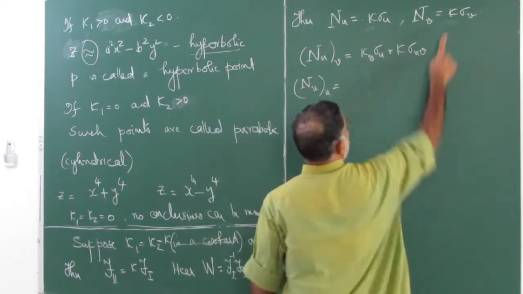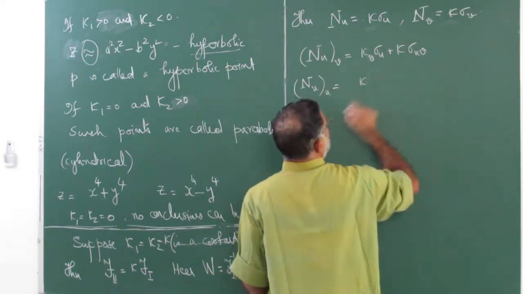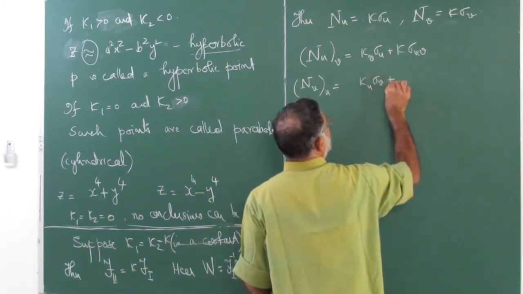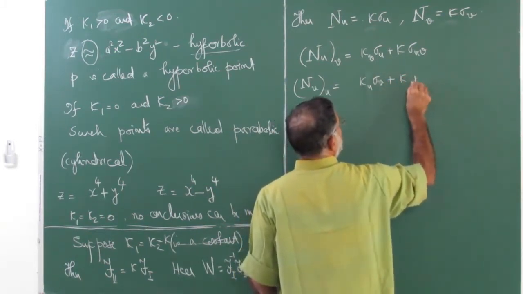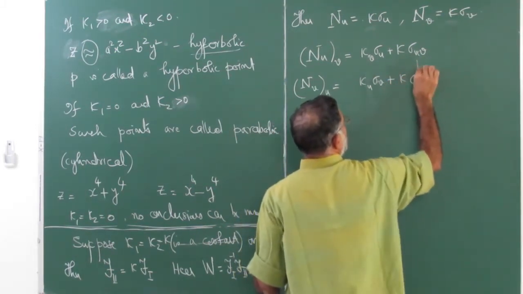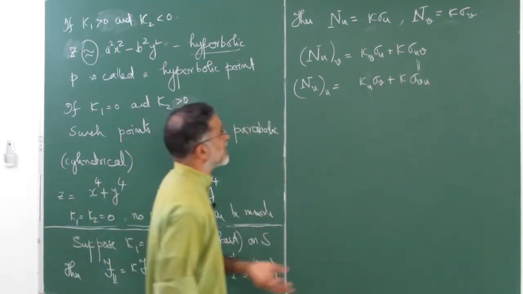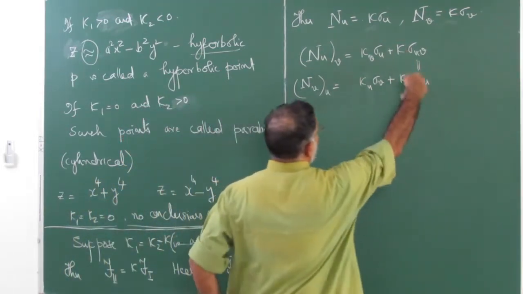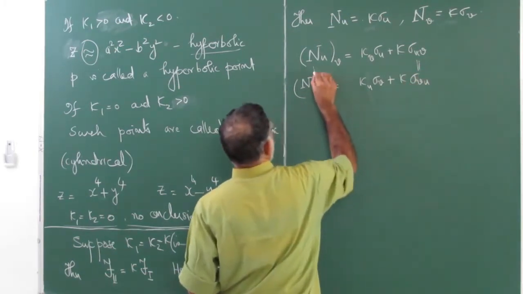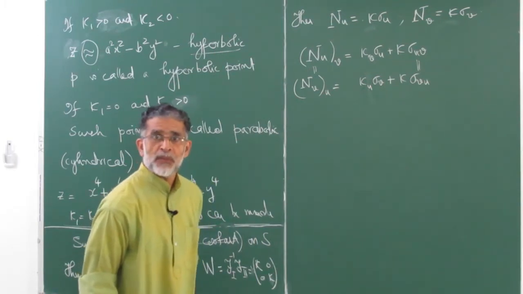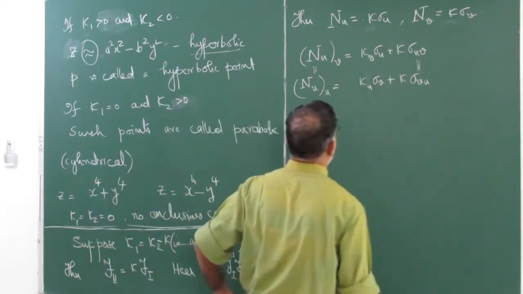So what do you get here? Kappa_u sigma_v plus kappa sigma_vu. But these two are equal if we assume sufficient differentiability. Second derivatives being continuous is enough. And these also are equal by again assuming sufficient differentiability, maybe third times, that's okay.